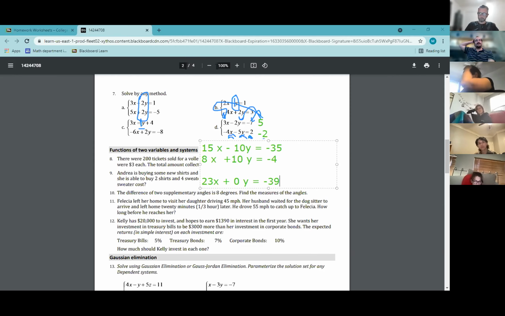This might be a nasty fraction. Is it? Because we're getting like -39 over 23? Is that right? Yeah. It doesn't simplify or reduce.